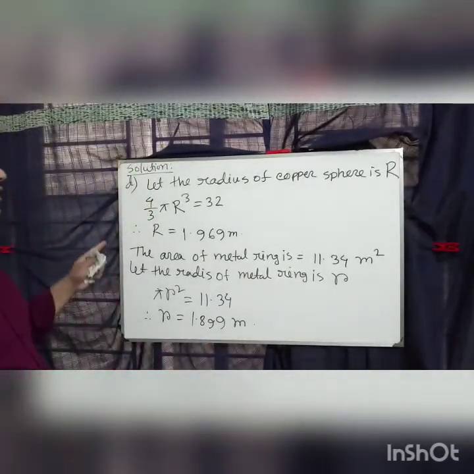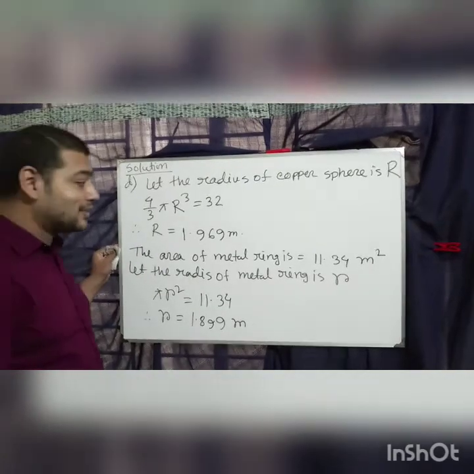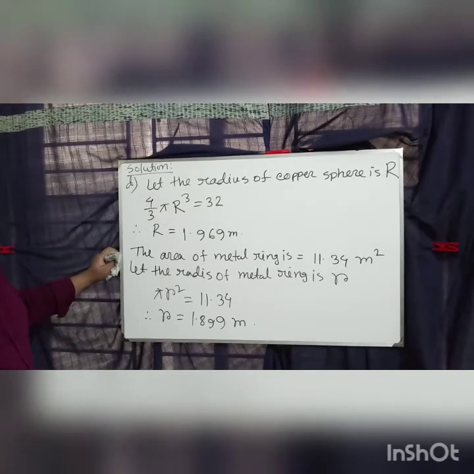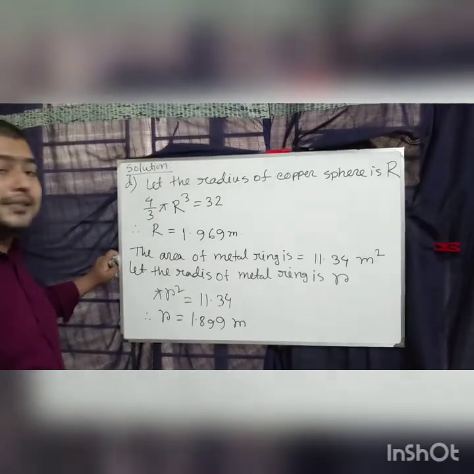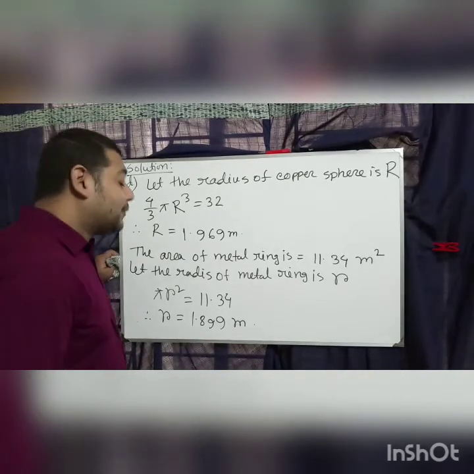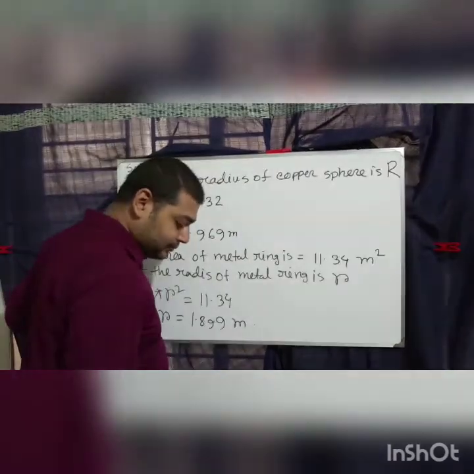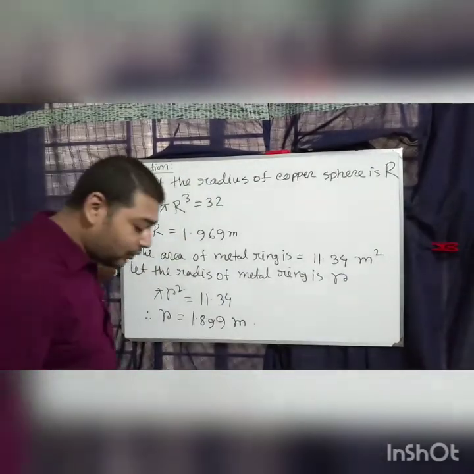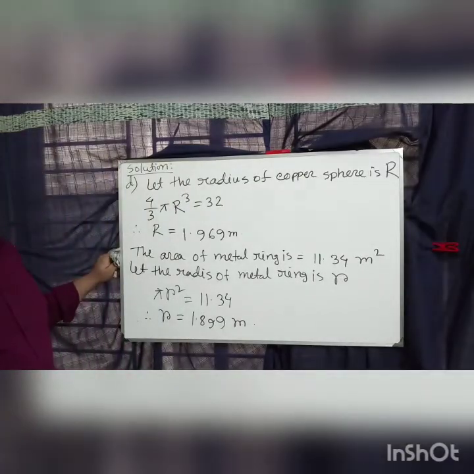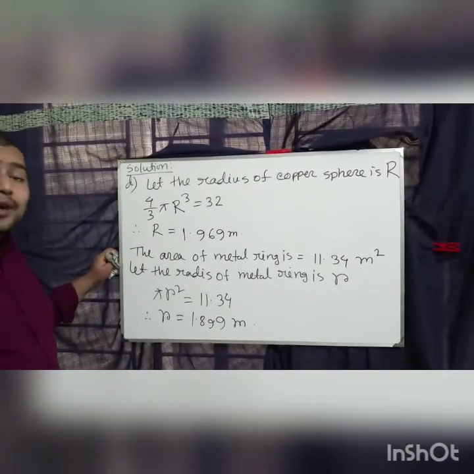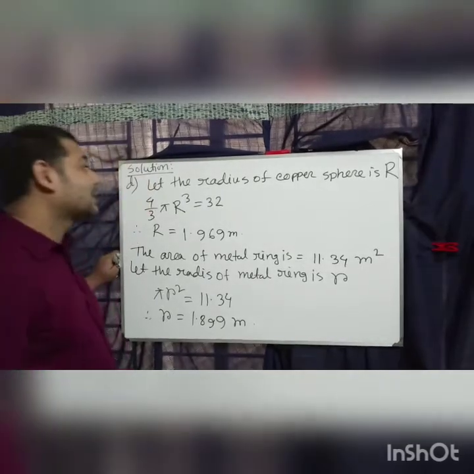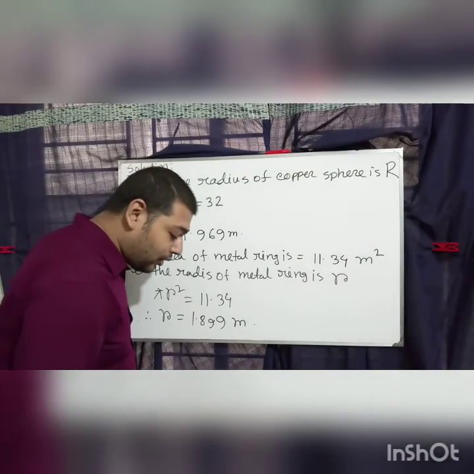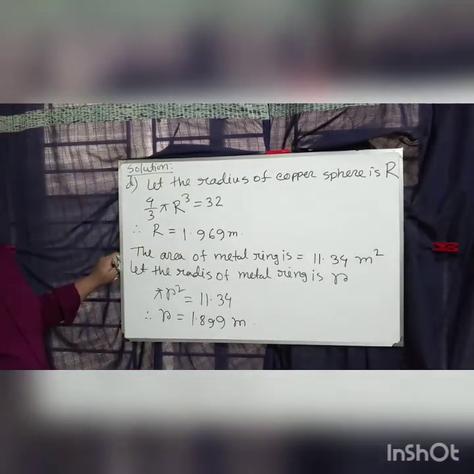So we see that the radius of the copper sphere is greater than the radius of the metal ring. So we can say that the copper sphere will not go through the metal ring.